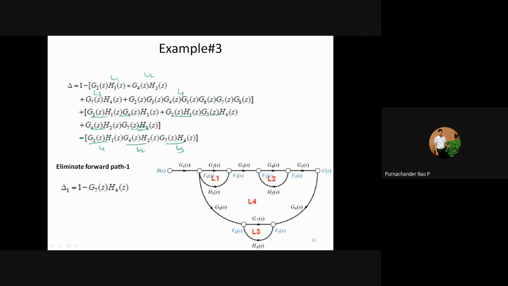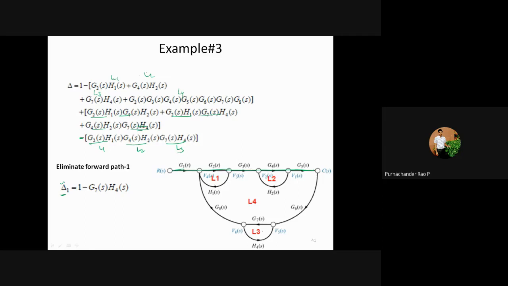Okay, and after that, we need to find out delta 1. Only one forward path is there, so you'll get delta 1 only. And first forward path, this is your forward path. So for this forward path, what are the loops which are not touching? L1 is touching, L2 is touching, L4 is also touching this forward path.